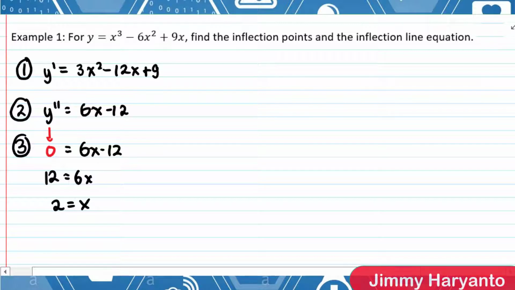After that, don't forget, because the question wants you to find the inflection points, that means you have to find the y also. To find the y, you have to put the x into the curve equation, x cubed minus 6x squared plus 9x.